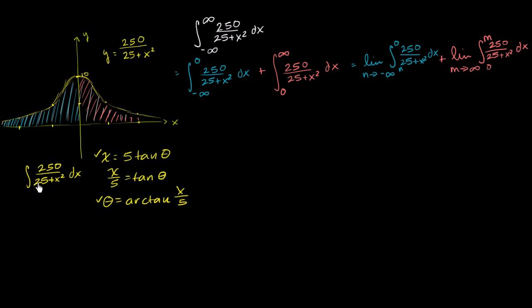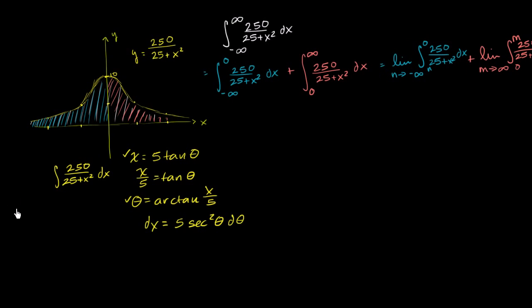So now let's do the substitution. Actually, before that, we also have to figure out what dx is equal to. So dx is equal to, well, the derivative of this with respect to theta is 5 secant squared theta d theta. So now we're ready to substitute back in. So all of this is going to be equal to 250 times dx.